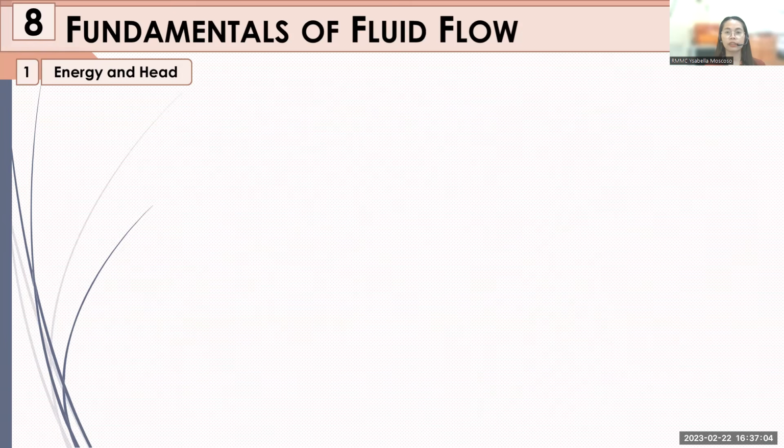And all of those heads, the unit that we are going to consider is in meters. But we know that energy is Newton times meters, kung energy yung kinukuha natin, which is the joules. So let us relate this one. Why is it that for your Bernoulli equation or your energy equation, the unit will fall into meters?